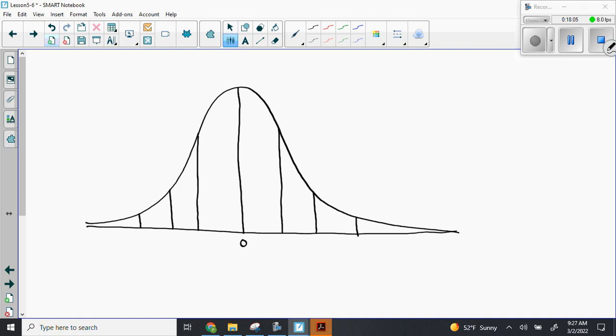Okay. So 34% is in here. 34% is in here. That's easy. It's just 68 divided by 2, since they're the same distance away. All right. Well, in between here and here is 95%.